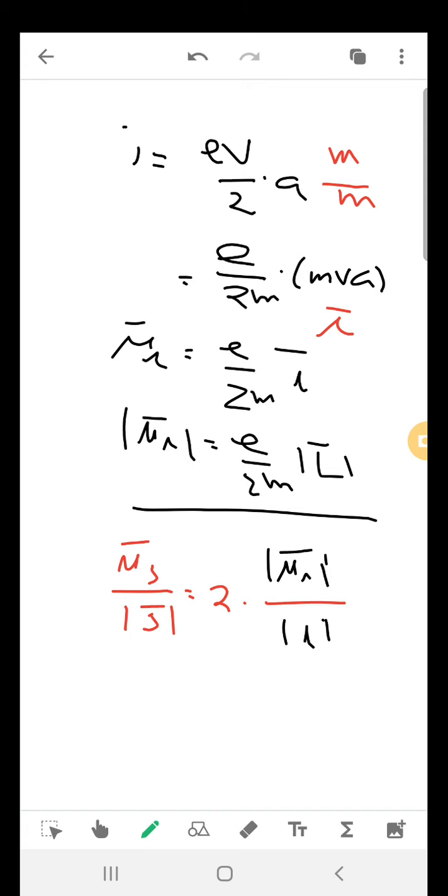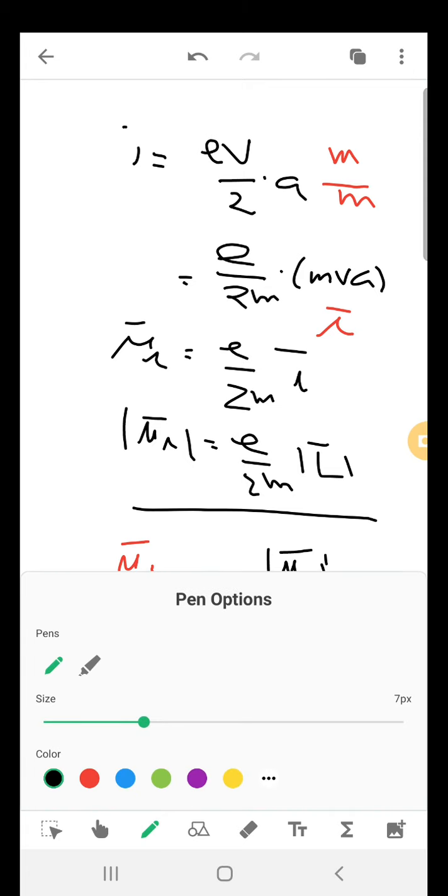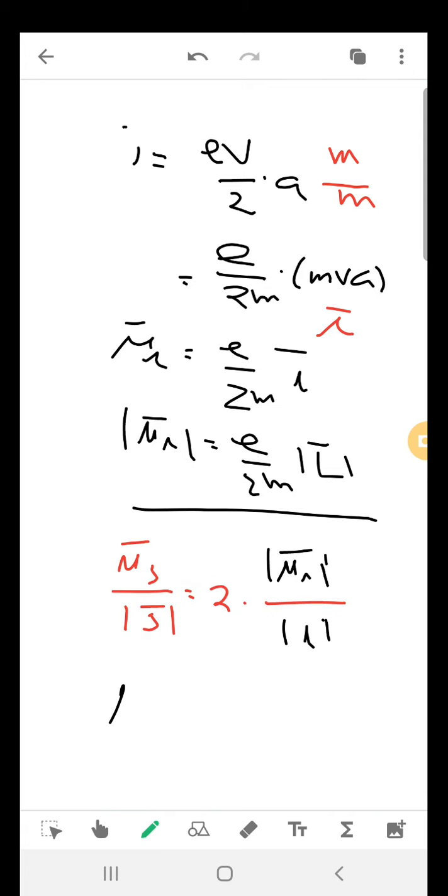So mu s becomes equal to minus 2 into E by 2m into s.